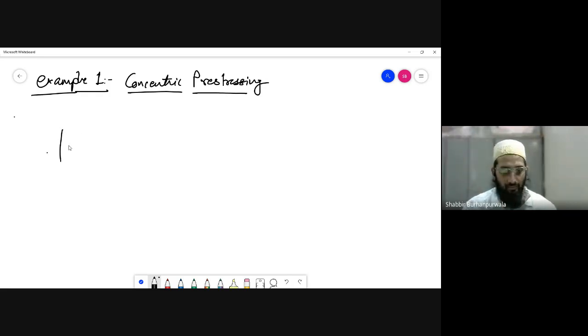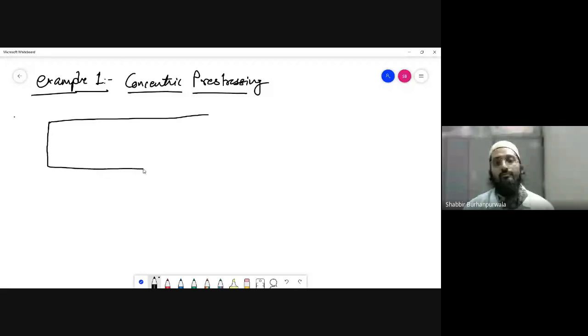What do we mean by pre-stressing? As the earlier example suggested, suppose this is your member, simply supported at both the ends.